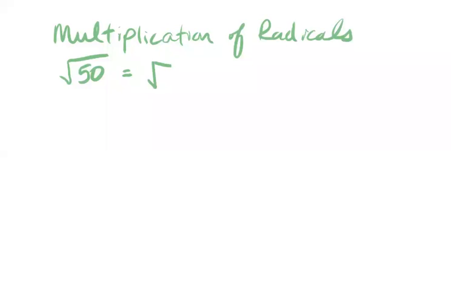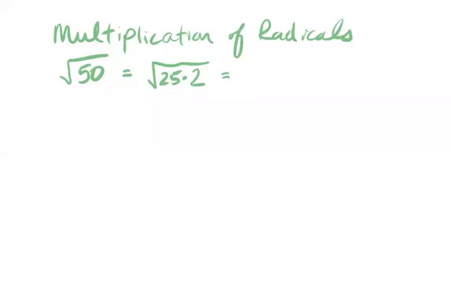So I can break this down into 25 times 2. All I've done is rewrite that number 50. I've factored it, right? We've written it as a factor, which is just the expressing of something as a multiple of. So all I've done is rewrite 50 as 25 times 2.